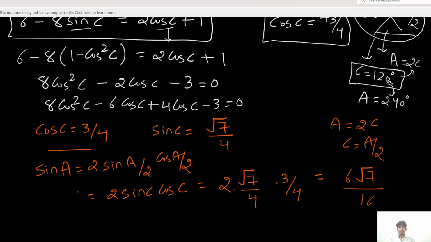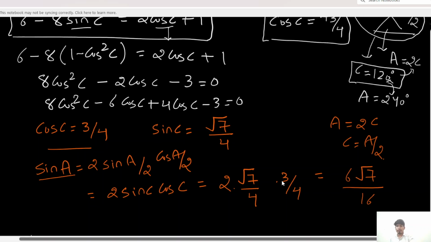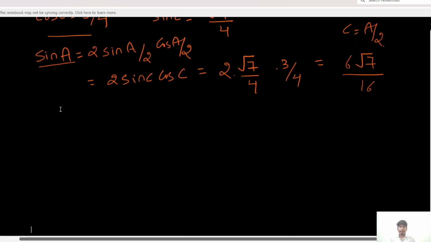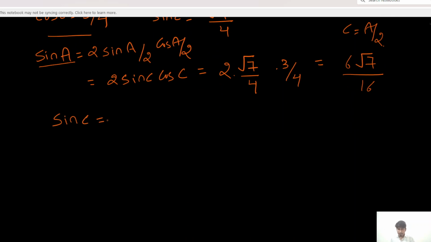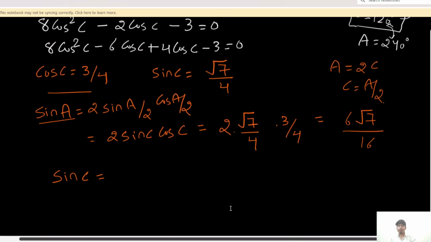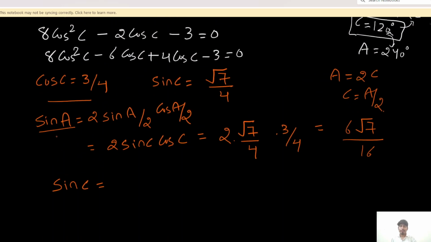Means sine A is 6 root 7 upon 16, and we now find sine B and sine C. If cos C is 3 upon 4, then what is the value of sine C?